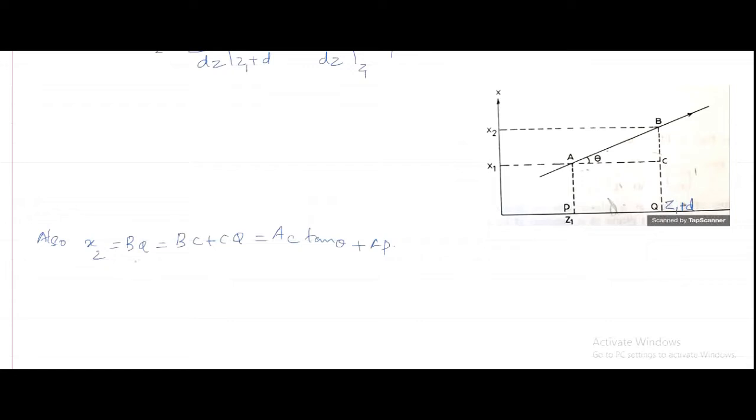Also x2 equals BQ, which is equal to BC plus CQ. BC equals AC tan theta, so it is equal to AC tan theta plus CQ. Here from the figure, CQ is the same as AP. So we can write it as AC tan theta plus AP.